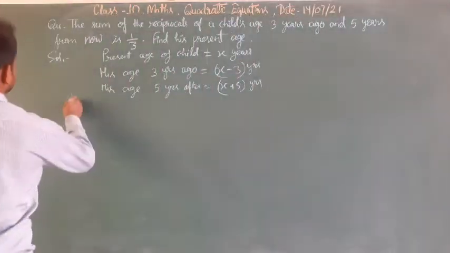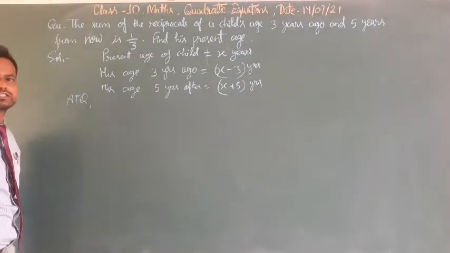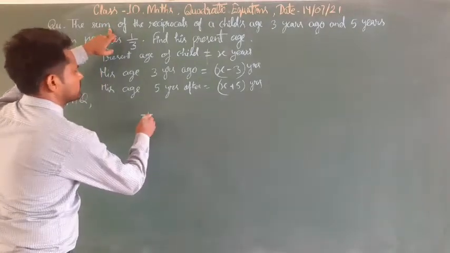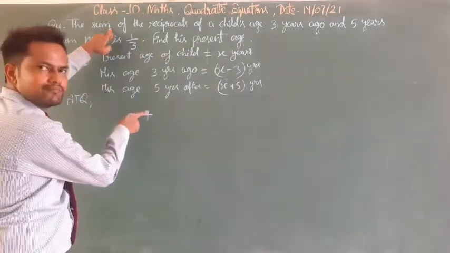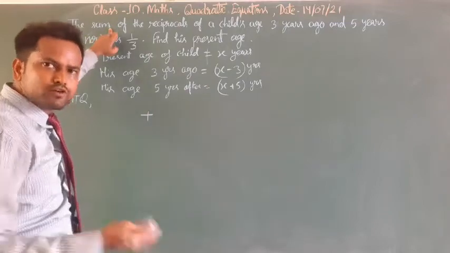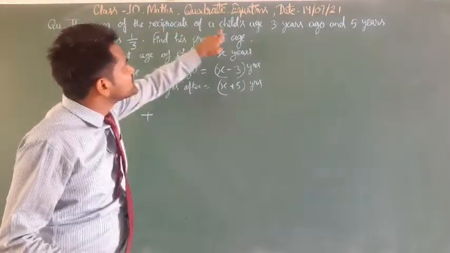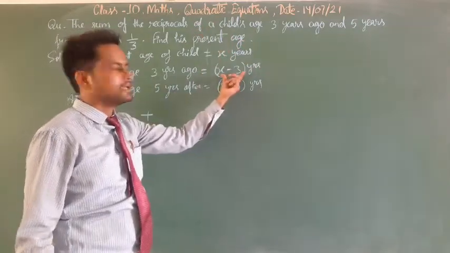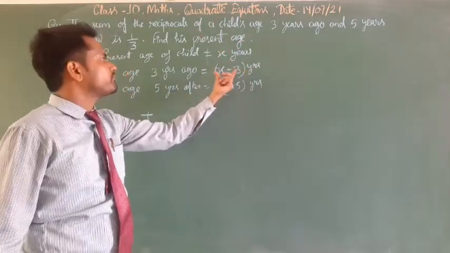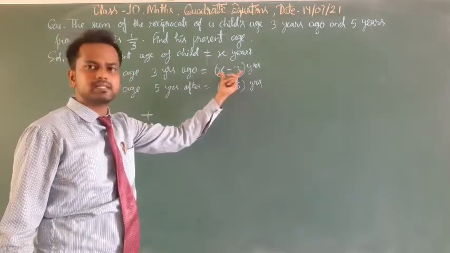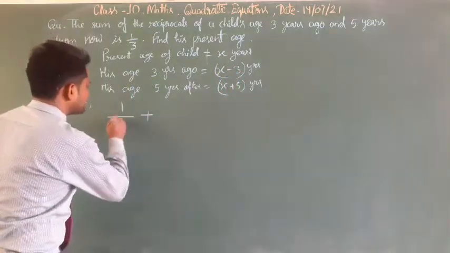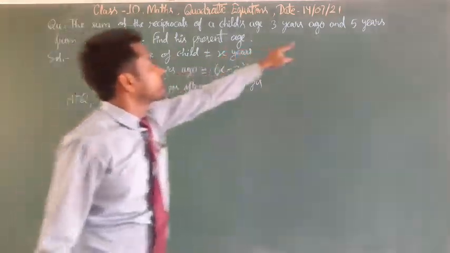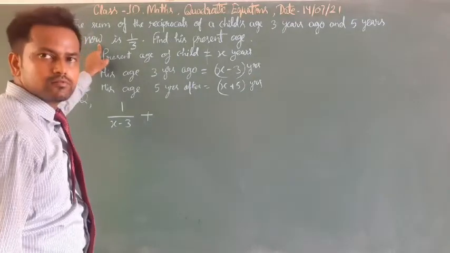According to the question, it is said that the sum, it means plus, you have to add. What do you have to add? The reciprocal of the child's age 3 years ago: the age 3 years ago is x minus 3, and the reciprocal of x minus 3 is 1 upon x minus 3, plus 5 years from now.